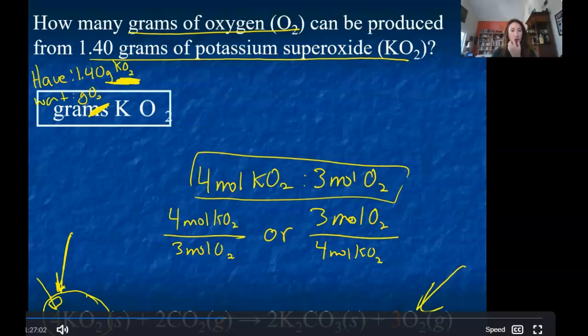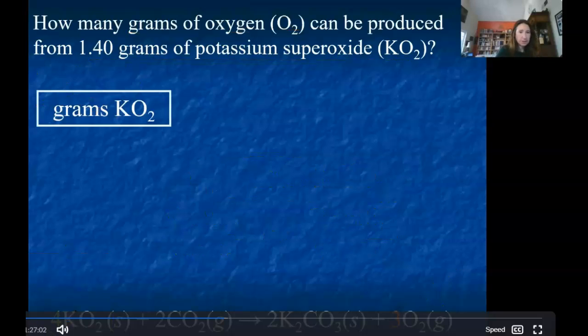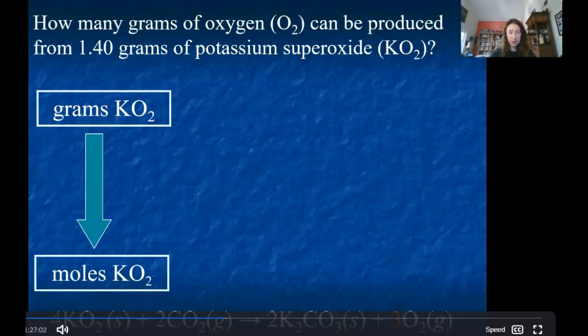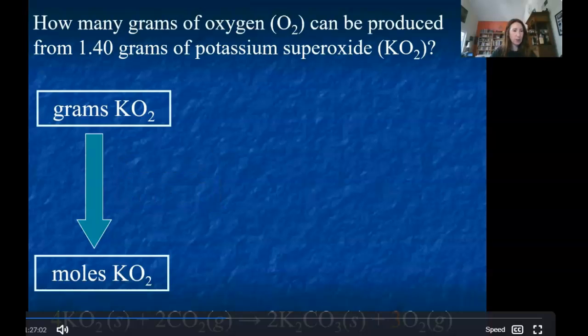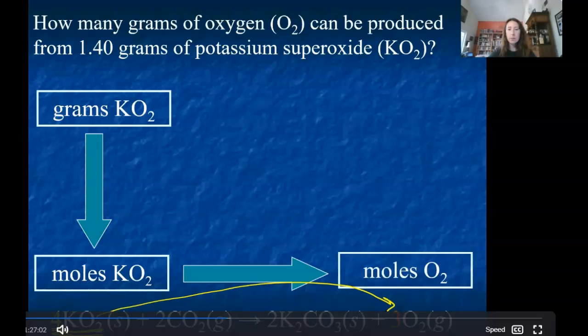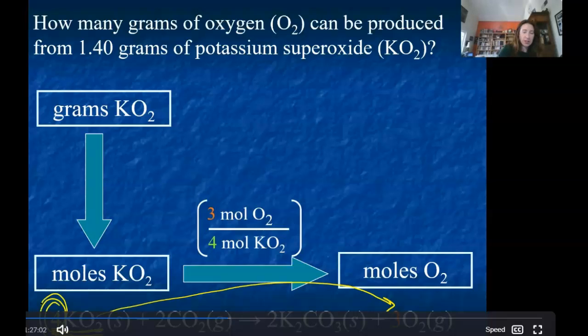So if we start with grams of KO2, then we can convert to moles using the periodic table. And because you all are so good at molar masses now, I'm probably just going to give these molar masses to you, because adding them up, you're really good at that. Then after we get to moles of KO2, then we can convert it to moles of O2 using the relationship. And again, the relationship is just these coefficients in front of the balanced chemical equation.